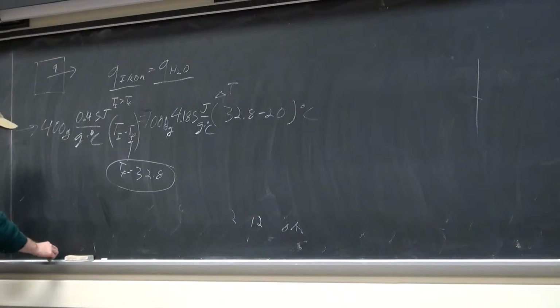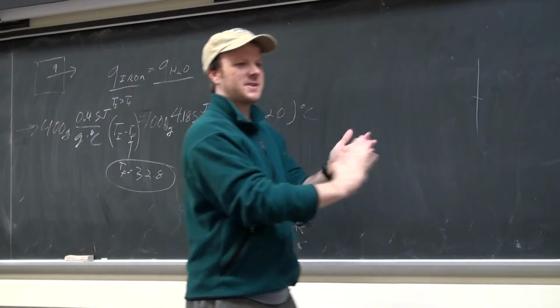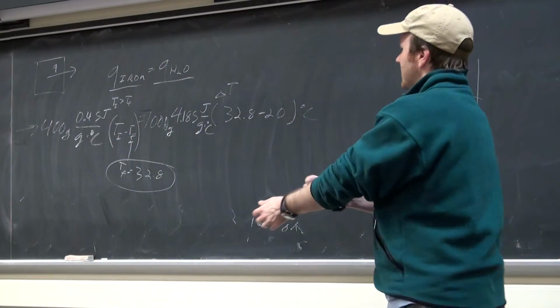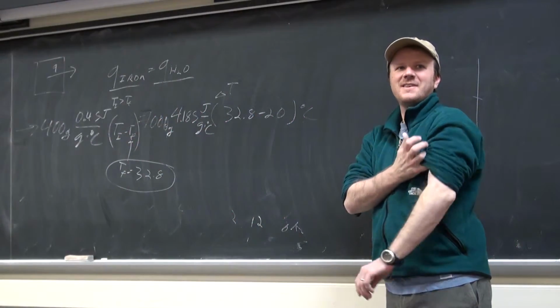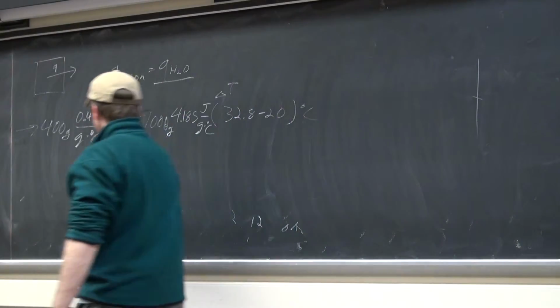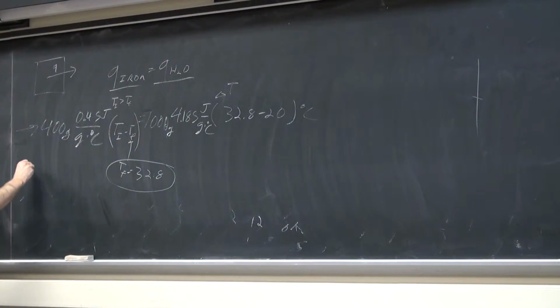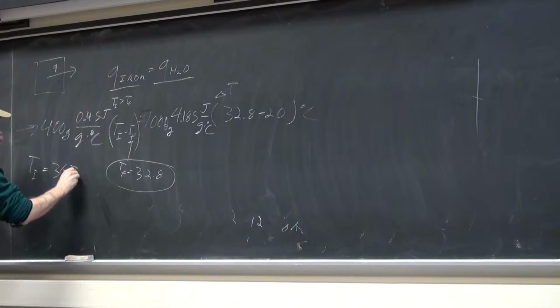So let's just find the answer. Since we're all wondering what the answer is. Does anyone have a calculator? Oh, okay. What's the answer? 367.5. T initial is 367.5 what?